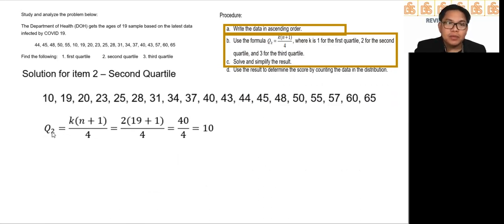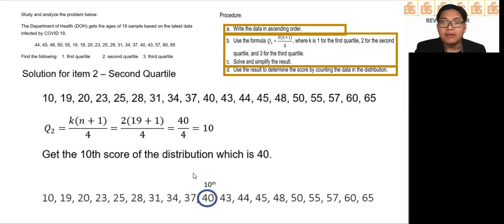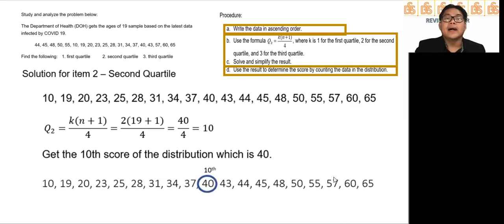So quartile 2 is 2 times 19 plus 1, which results to 40 over 4, which is 10. Then we are looking for the 10th score. If we count 1, 2, 3, 4, 5, 6, 7, 8, 9, 10, the 10th score is actually 40. So that is the second quartile.